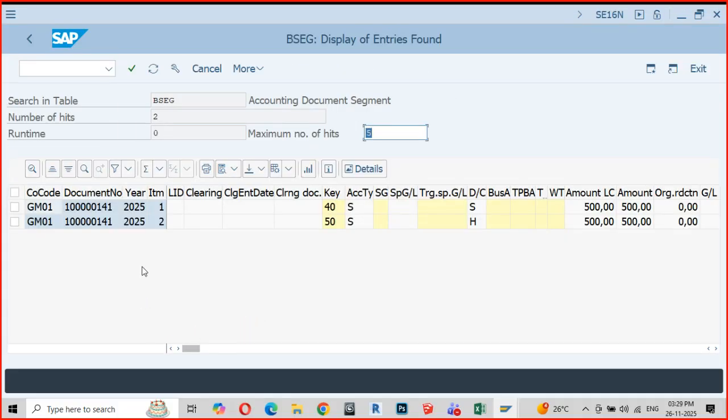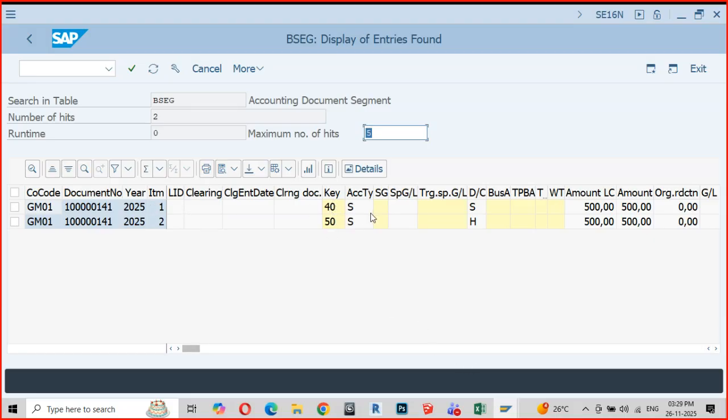See, if you observed, for the same document number your BKPF had only one line item because it was the header. Now this particular document 141 for the year 2025 had two line items, one debit and one credit for 500 rupees.